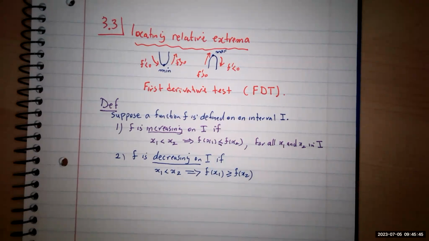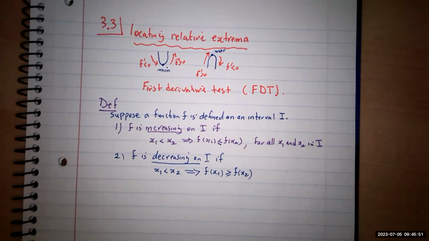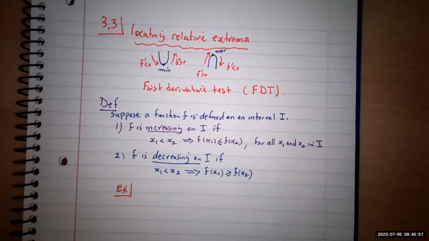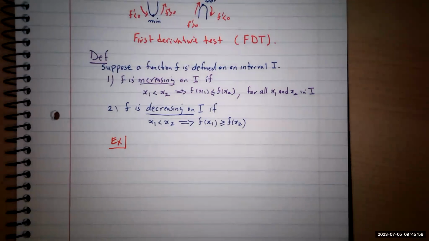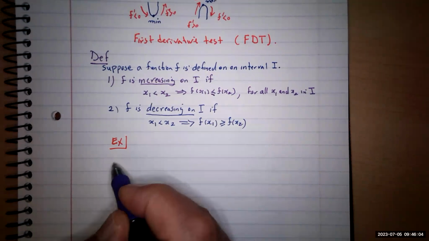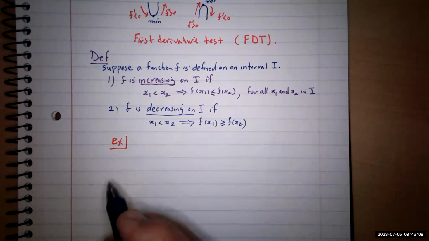Okay, so increasing, decreasing function, as you did in your calculus course. Okay, for the example, we just give you some graphs, then we give you the theorem to prove it. The standard one is going to be example number one.